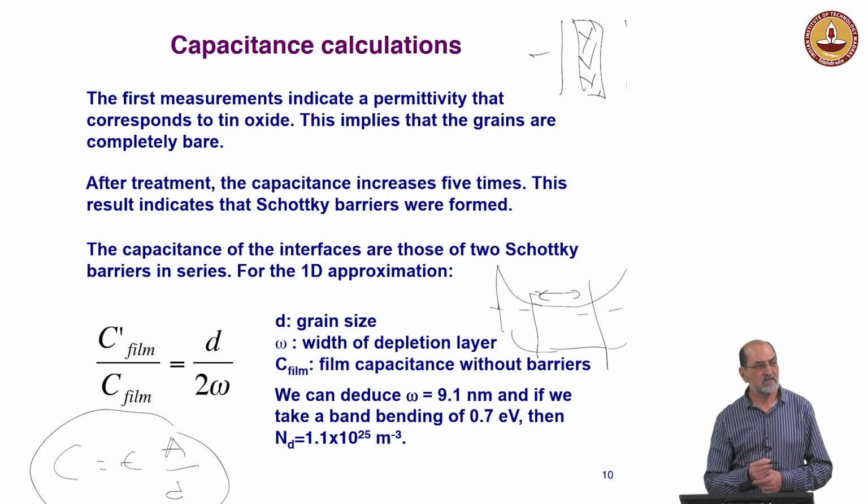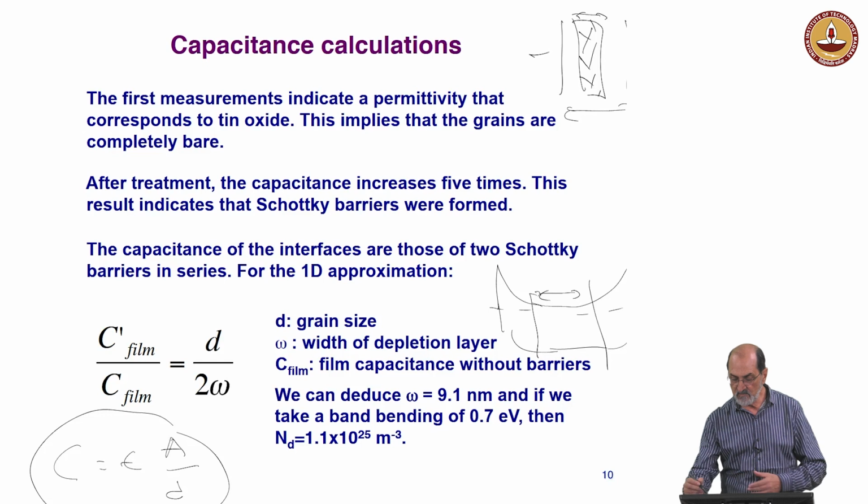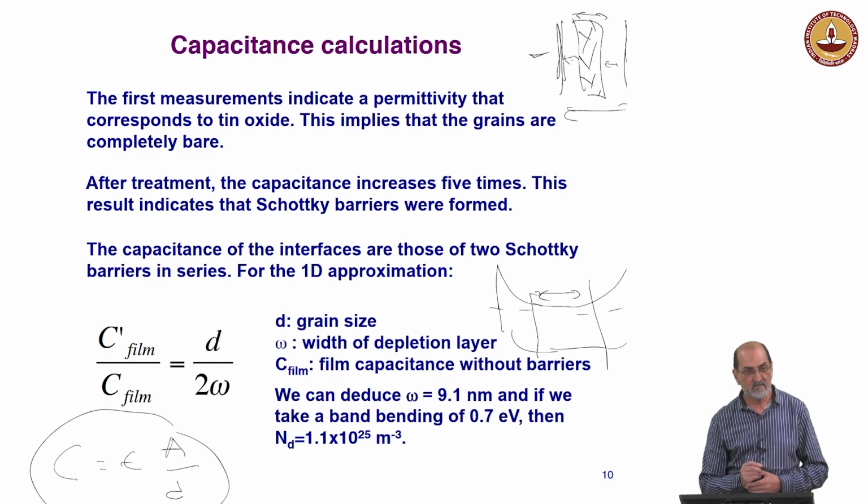Maybe you did that in the electromagnetic courses, very basic. And when you do that, it's like reducing the distance between the plates, but this width, because it's a conductor, doesn't matter where it is. So the net distance between the plates is what is left, this plus this.